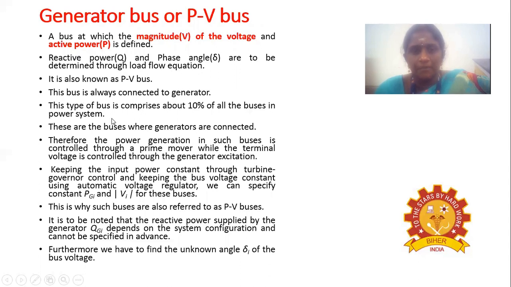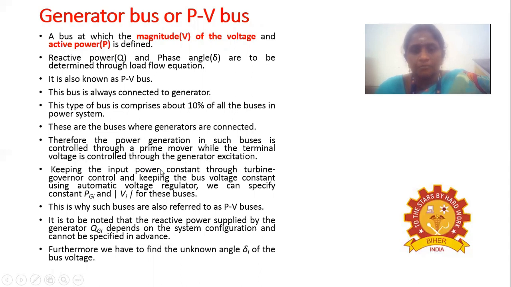This type of bus comprises about 10% of all the buses in a power system. For example, if 100 buses are there in a power system network, in that 10 buses are considered as generator buses. These are the buses where generators are connected. The power generation in such a bus is controlled through a prime mover, while the terminal voltage is controlled through the generator excitation.